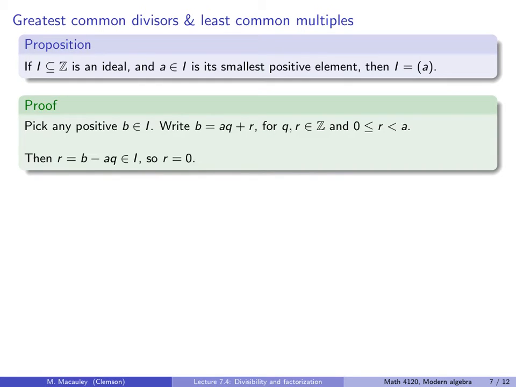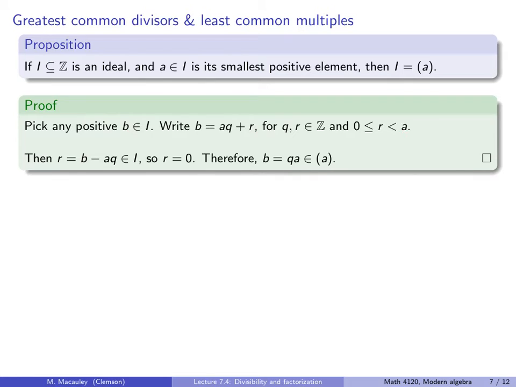Next, we can solve for R. So we can write R as B minus A times Q. Well, B is in the ideal by assumption. And since A is in the ideal, so is AQ. So this difference is in the ideal. In other words, R is in the ideal. Well, R is strictly less than A, which is the smallest positive element of the ideal, which forces R to be equal to 0.